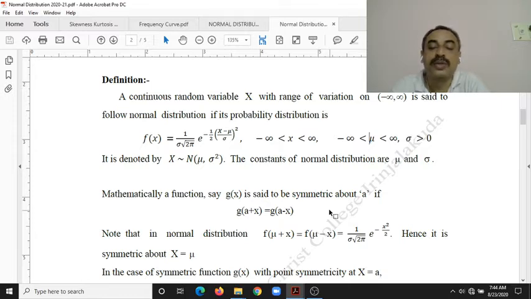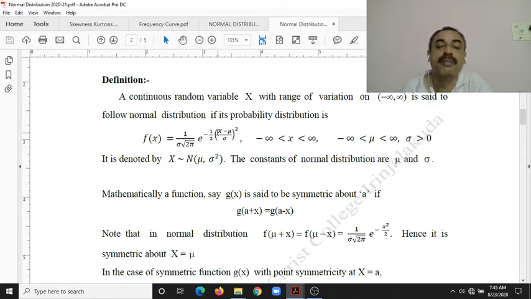In the case of normal distribution, if we take mu plus x and mu minus x in the place of x, we can see that f(mu + x) will be equal to f(mu - x). This can be verified by putting mu plus x in the place of x. So it is ((mu + x - mu)/sigma) square. Likewise, for mu minus x it is ((mu - x - mu)/sigma) square.